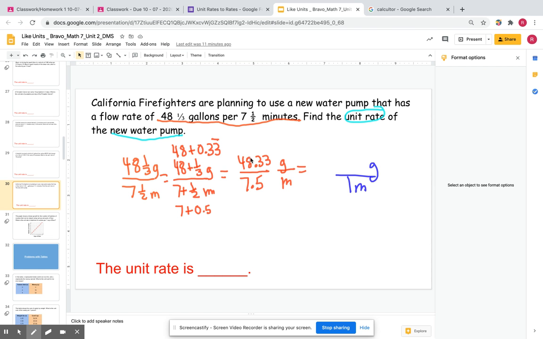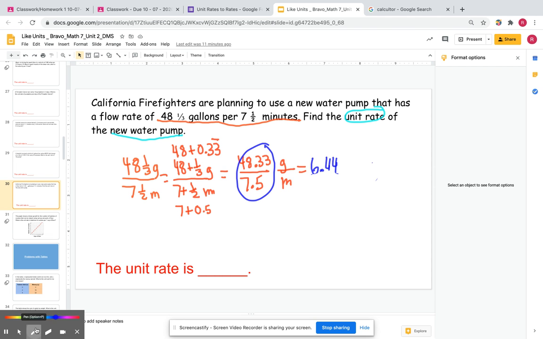And when you do that, you should get the following value. You should get 6.44. So when you divide these up, you should get 6.44. Let me erase the bottom.